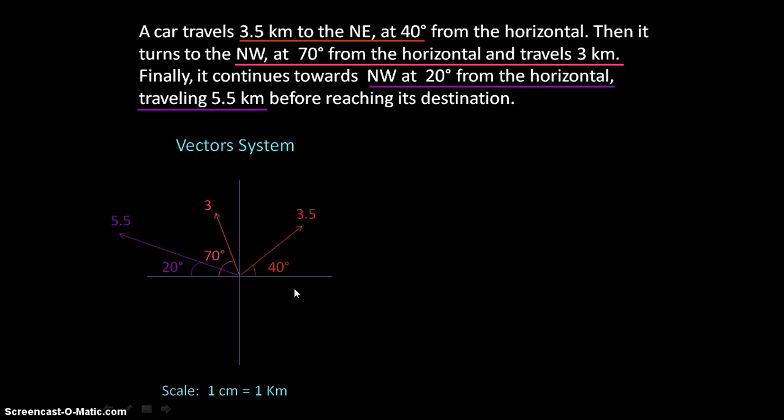Now we will find the displacement, or the resultant vector, by the addition of these vectors, and we will apply the polygon method. The first thing we have to do is to trace a reference plane like this. In this reference plane, we will trace the first vector, the vector in red.